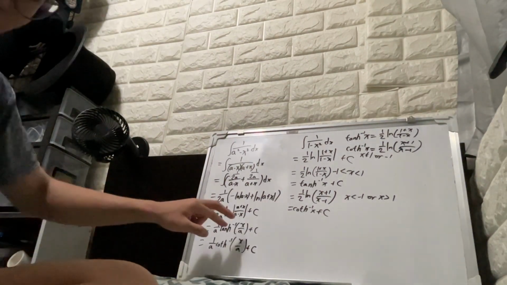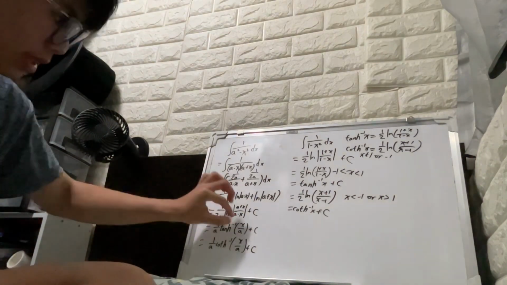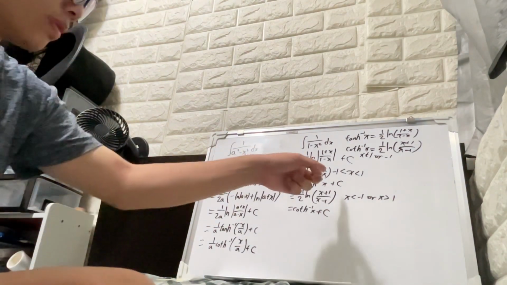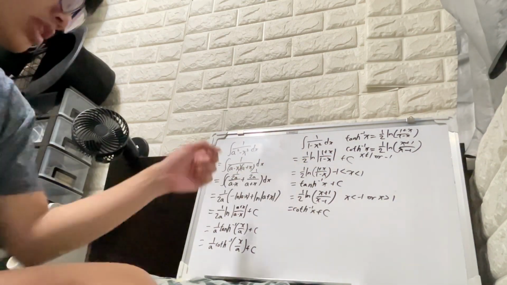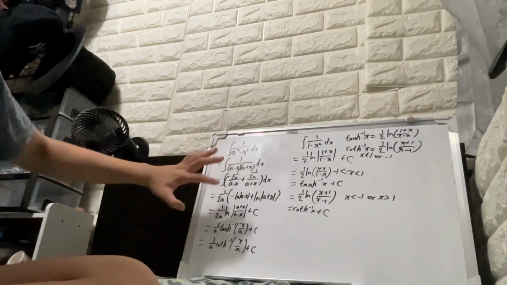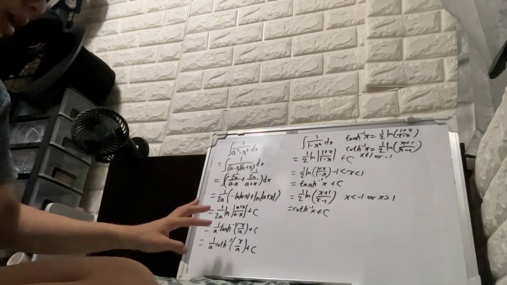Here is the x/a. Consider this our y. If y is equal to x/a, y should be between negative 1 and 1, but that's just another domain, never mind. So for the formula of 1 over a squared minus x squared, you can choose any one of them.